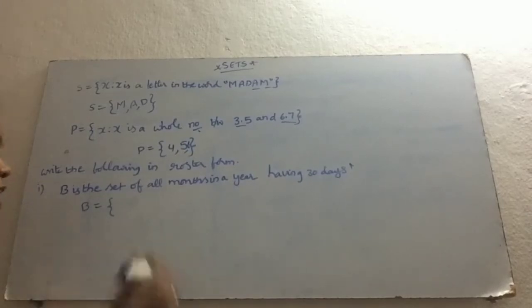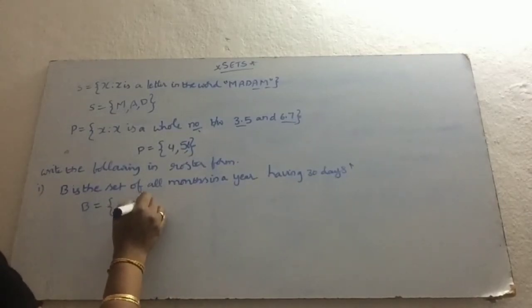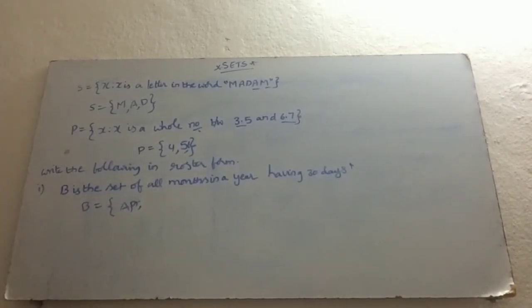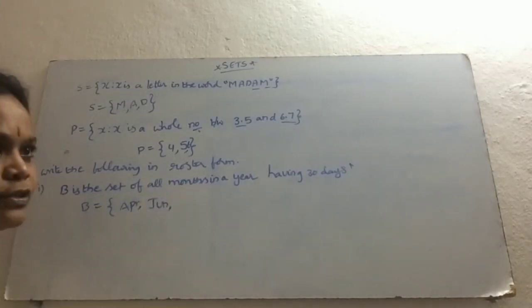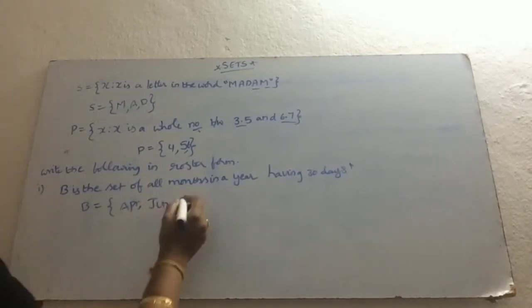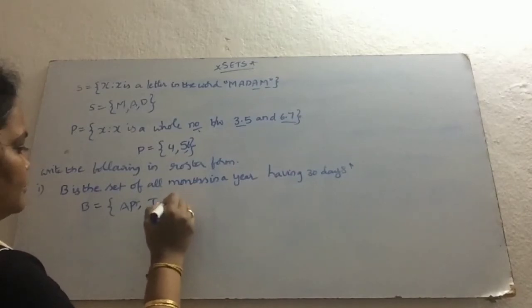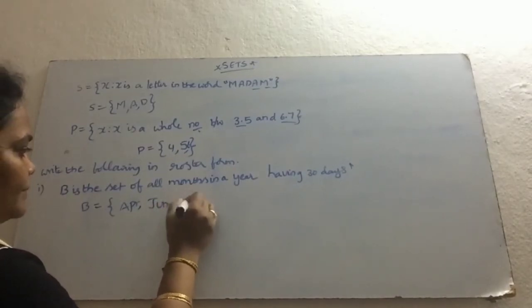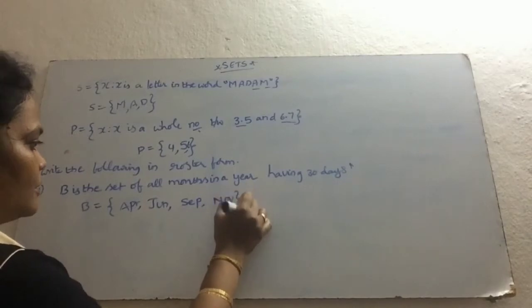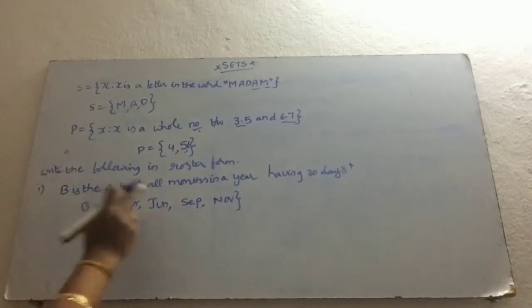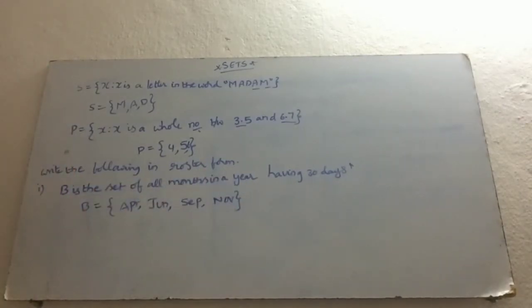In April we have 30 days, May 31, June 30, July and August 31, then September and November. So the set is April, June, September and November.